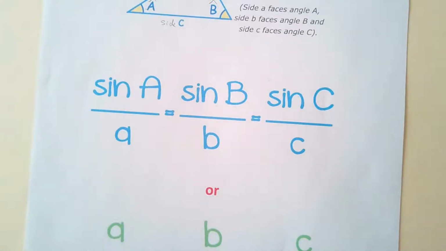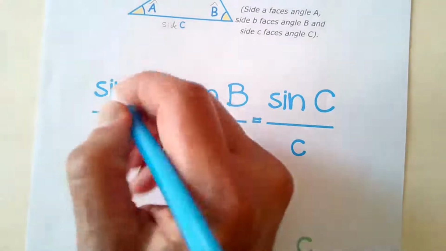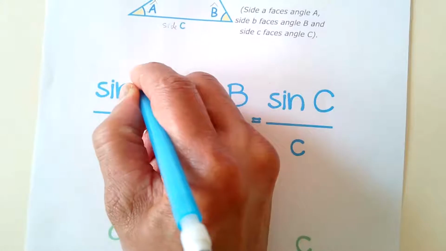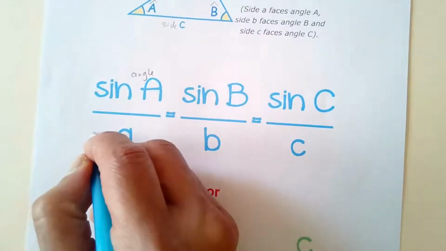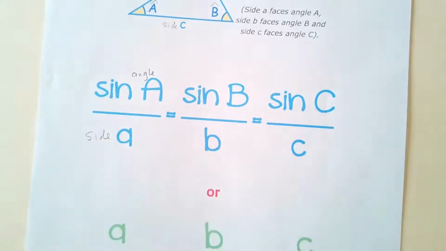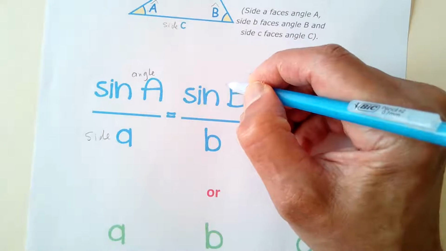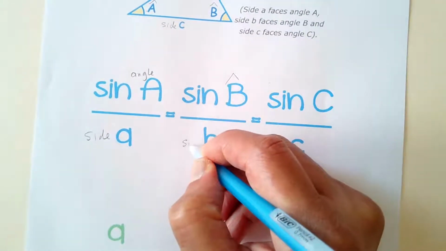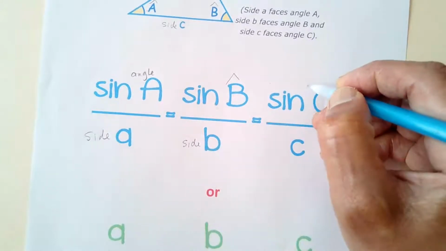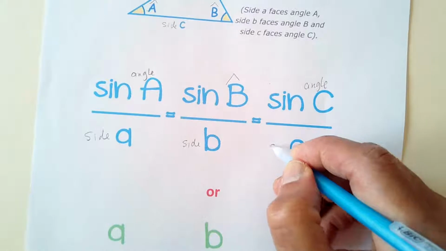Sine of angle A over side a is equal to sine of angle B over side b, which is equal to sine of angle C over side c.